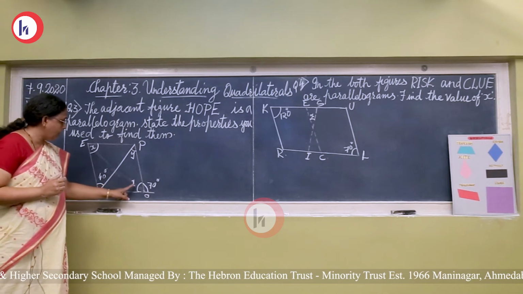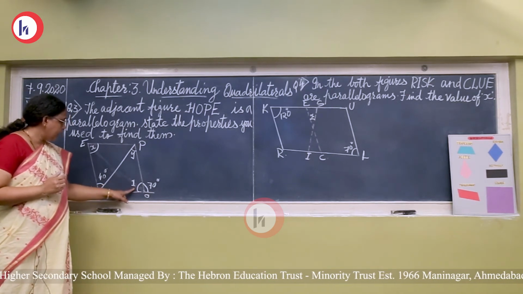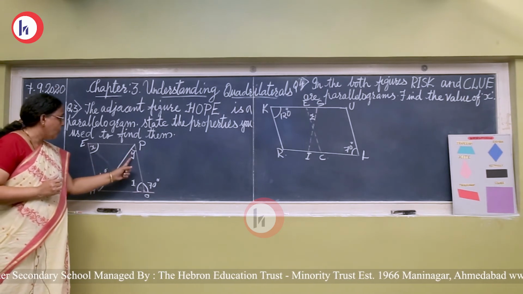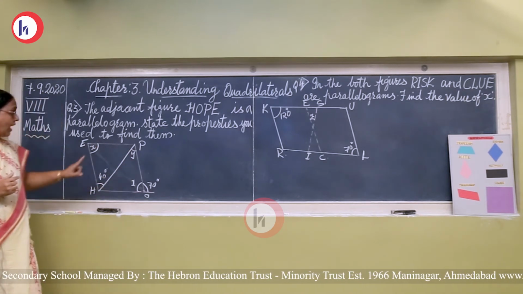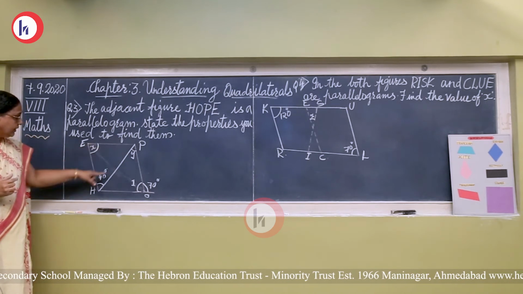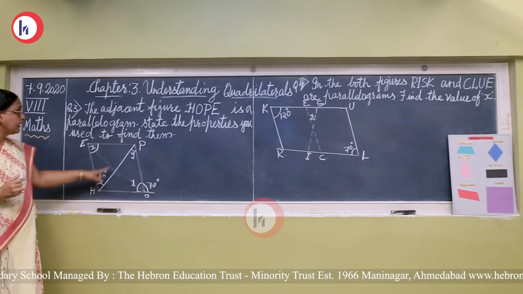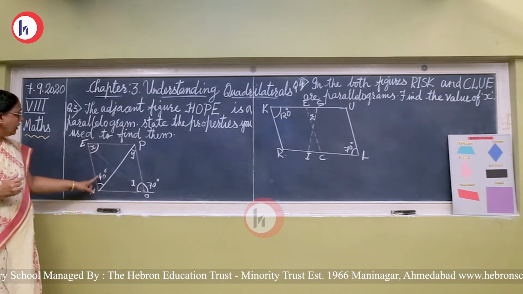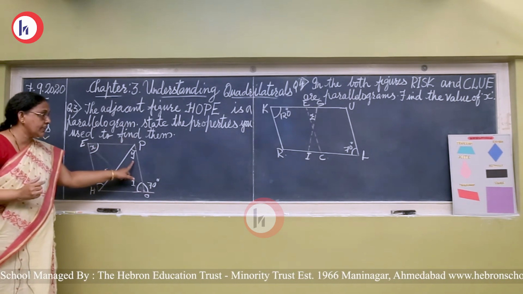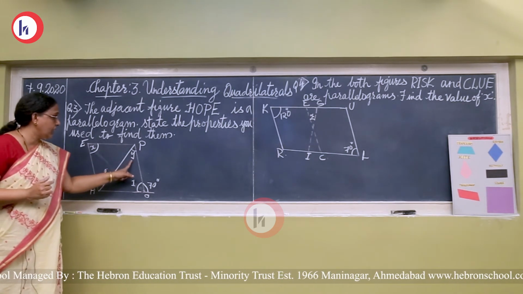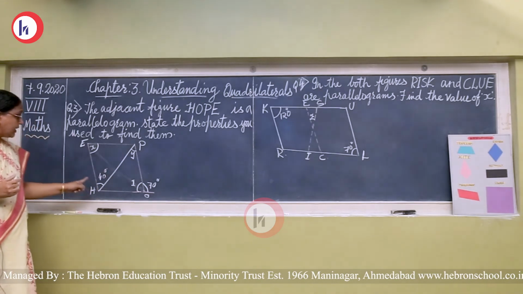Then once you get angle 1, but still we have not got y. So how can y be found out? Another important rule: when a transversal, that is a diagonal, intersects, the alternate angles are always equal. So 40 degrees here means y also becomes 40 degrees. The reason is alternate angles are equal.